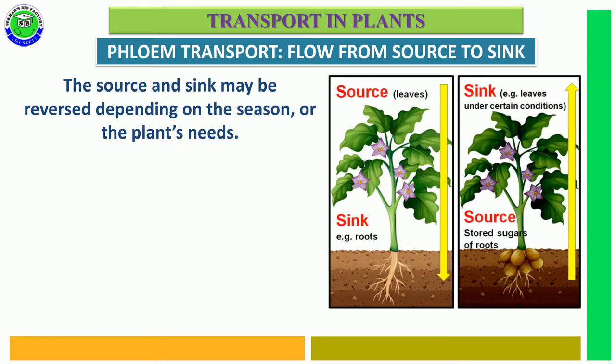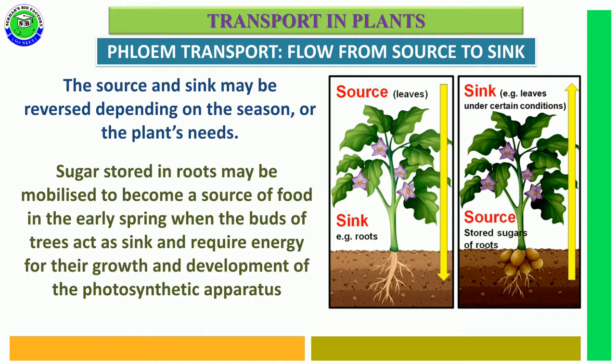sink. The source and sink may be reversible depending upon the season or plant need. Generally, the sugars are stored in the root and mobilized to become a source of food in the early spring season, when the buds of the tree act as a sink and require energy for their growth and development of photosynthetic apparatus. In the earlier season, when the leaves are well developed, they act as a source and the root acts as a sink.